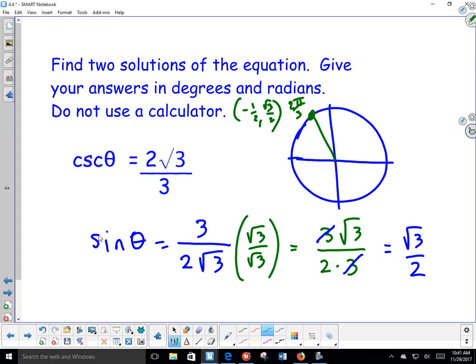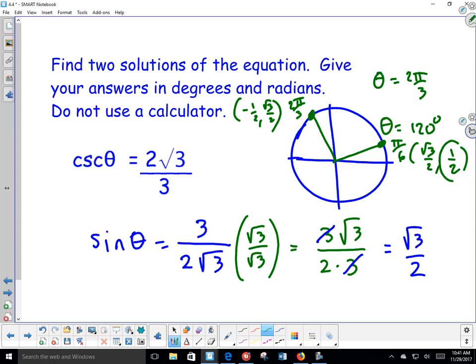Okay, so we're supposed to get two solutions. So one solution could be theta is equal to 2 pi over 3, which is the same as theta equaling 120 degrees. Agreed? Where else on our unit circle is the sine equal to square root of 3 over 2? Because there's somewhere else. Pi over 6 is right here. But the sine there is 1/2.